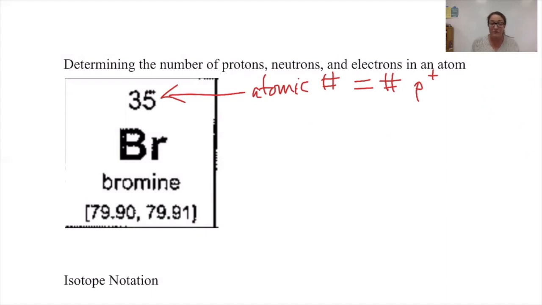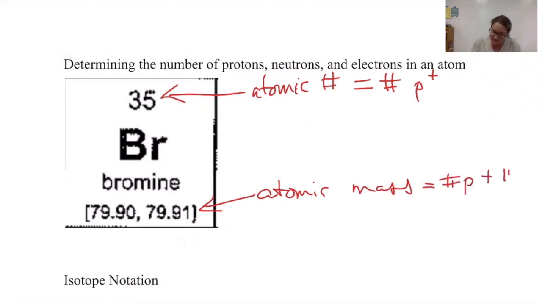If it has 34 protons, not bromine. What we see here is the atomic mass. And the atomic mass equals the number of protons plus the number of neutrons. What you're seeing on the periodic table, though, is a weighted average of protons and neutrons.